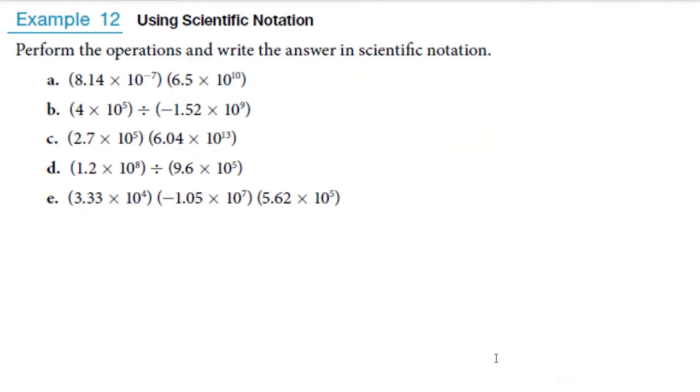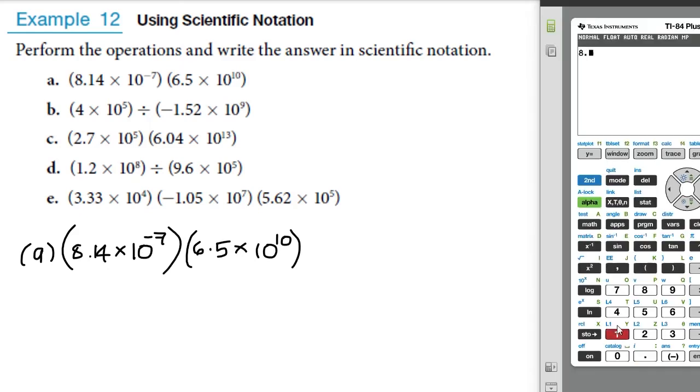In example 12, we're asked to perform the operations and write the answer in scientific notation. So for part A, I have 8.14 times 10 to the power negative 7, and I'm multiplying that by the number 6.5 times 10 to the power 10.